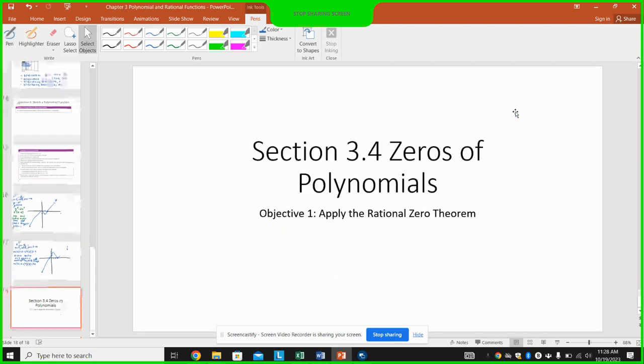All right, so in section 3.4, we're talking about zeros of polynomials. Yes, we're finally on Wednesday. The first objective is applying the rational zero theorem. Are you ready?